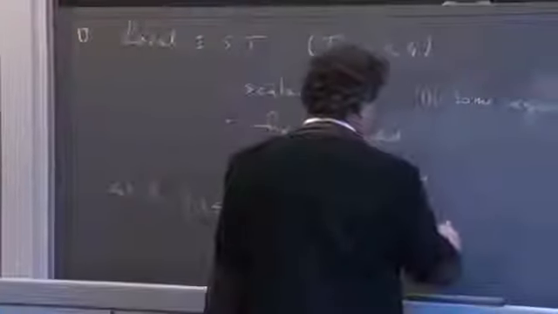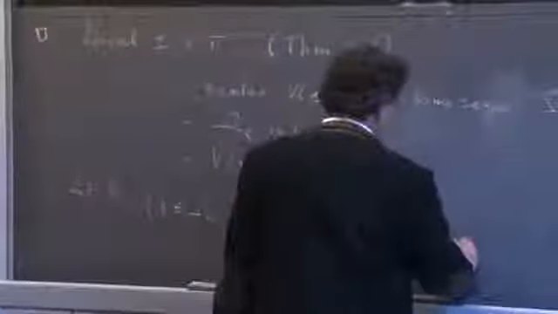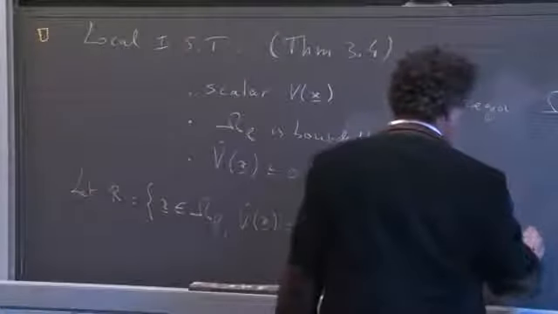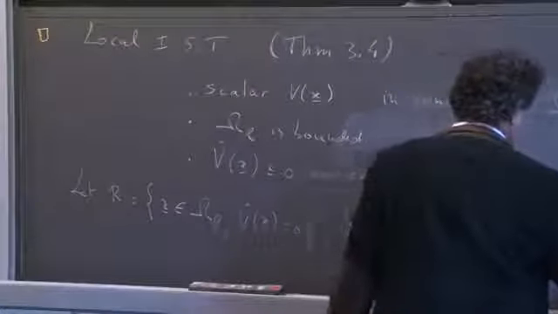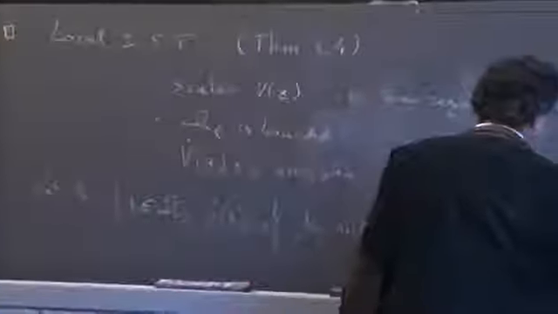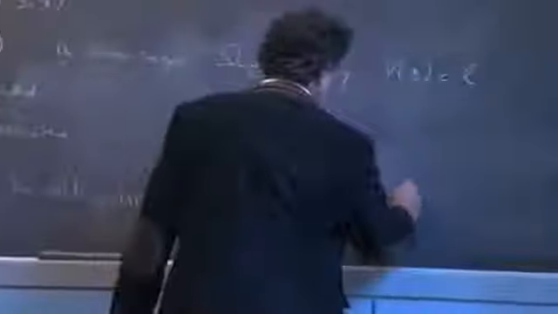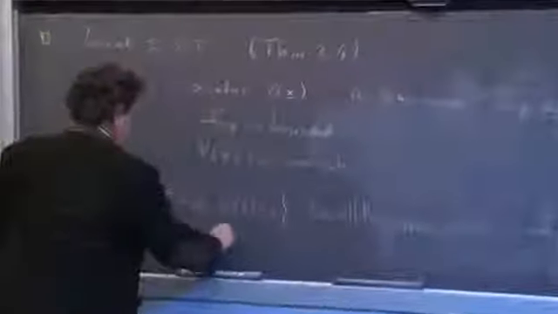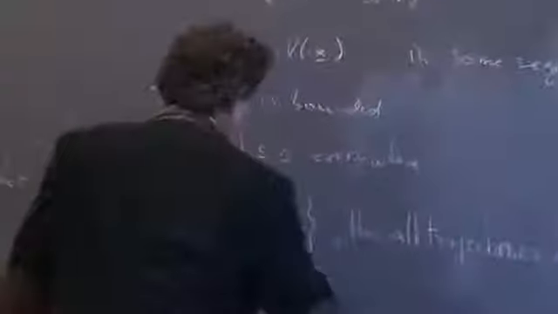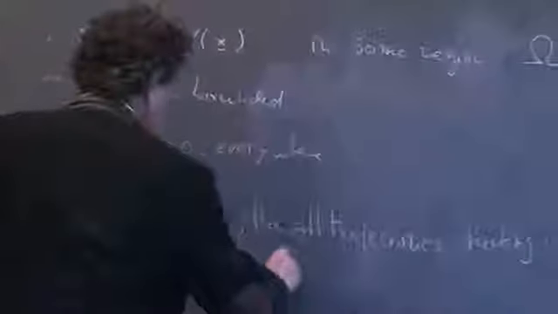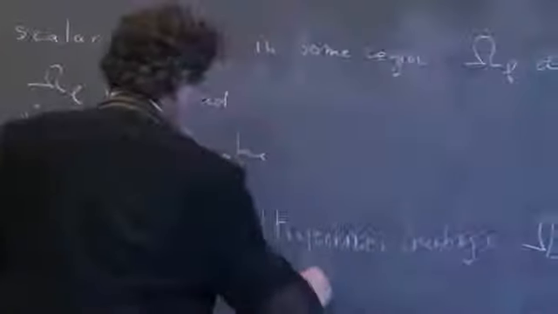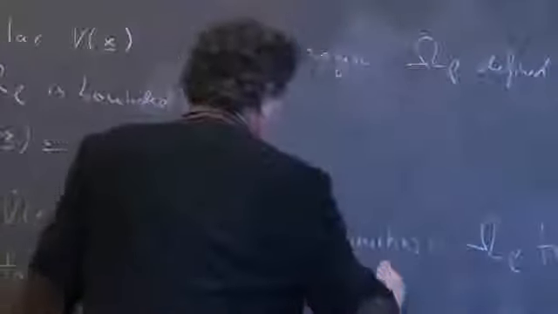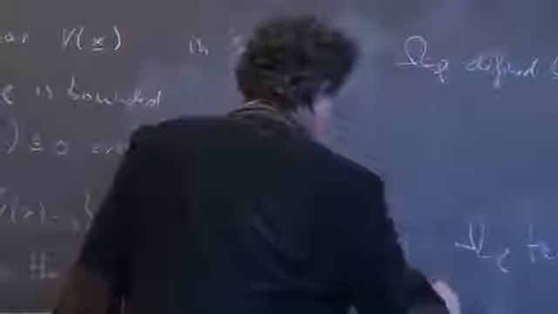Then all trajectories, so it's the same result, right? So all trajectories starting in omega L tend to R, and more precisely to the largest invariant set within R. Okay?